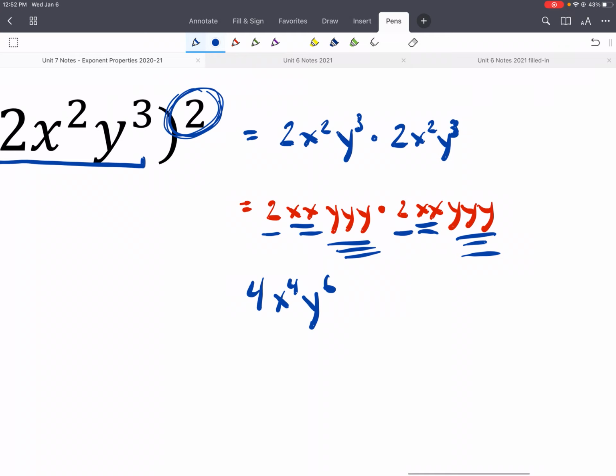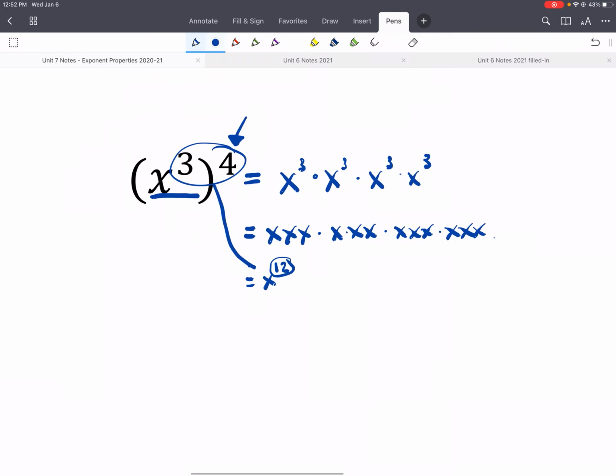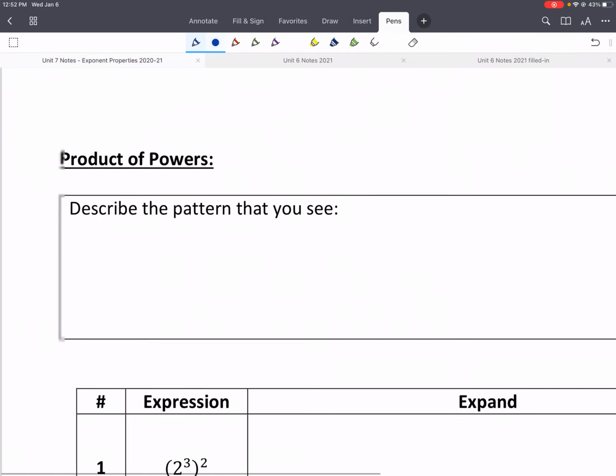So what's the relationship that we come up with? What do we do to the 2 and 3? How can we use 3 and 4 to give us 12? Perhaps that helps the most.